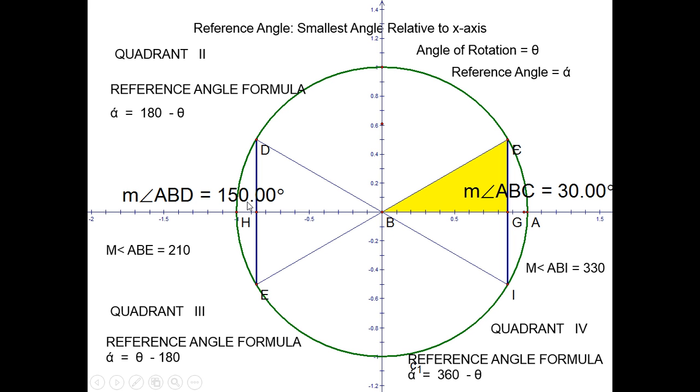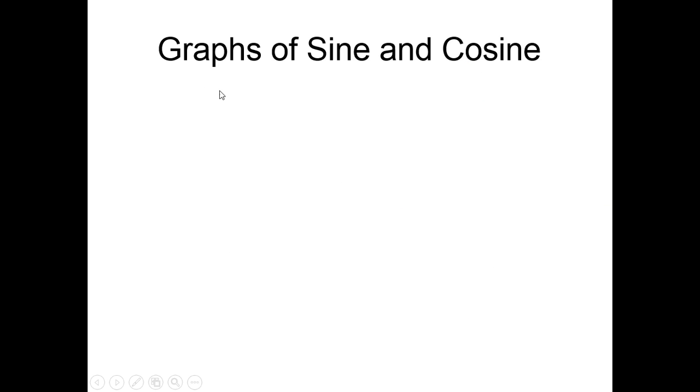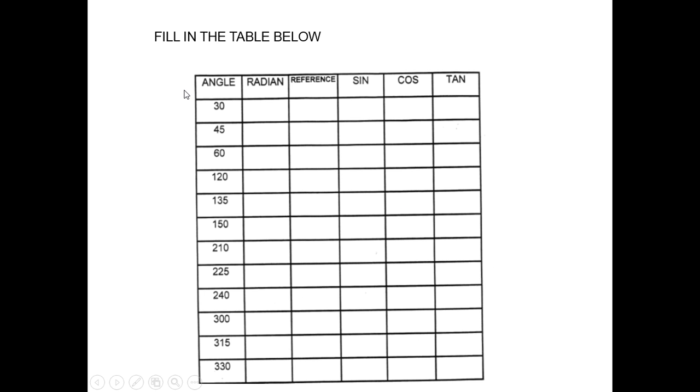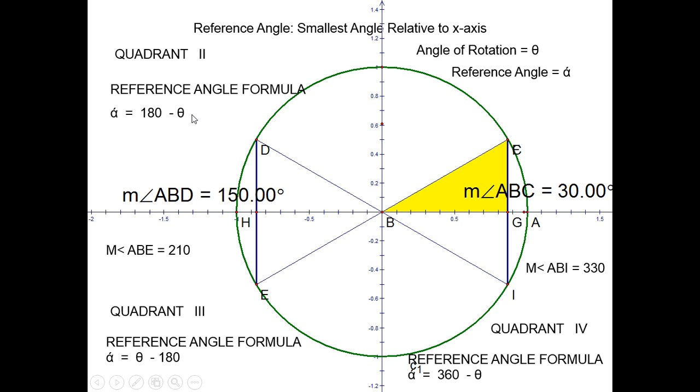So it would be 210 minus 180, or 30. And in quadrant 4, the reference angle would be 360 minus 330. Okay, we just remember kind of where it swings to, and the relationship that the reference angle is always the smallest angle relative to the x-axis.